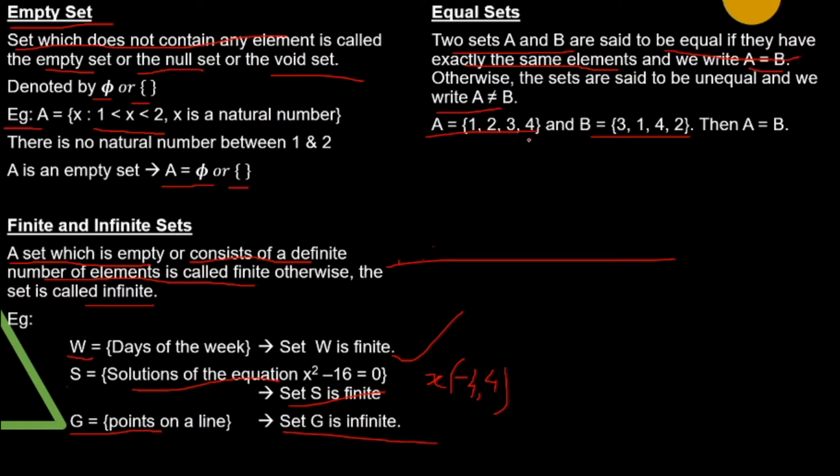See, if the elements are scrambled here and there, no issues, but what you have to check is the number of elements, and that the elements are the same. Here 1 we have, here also we have 1. Next, 2 is there. Yeah, here 2 is there. 3 and 4, and all done, right? So we can say that set A is equal to set B.